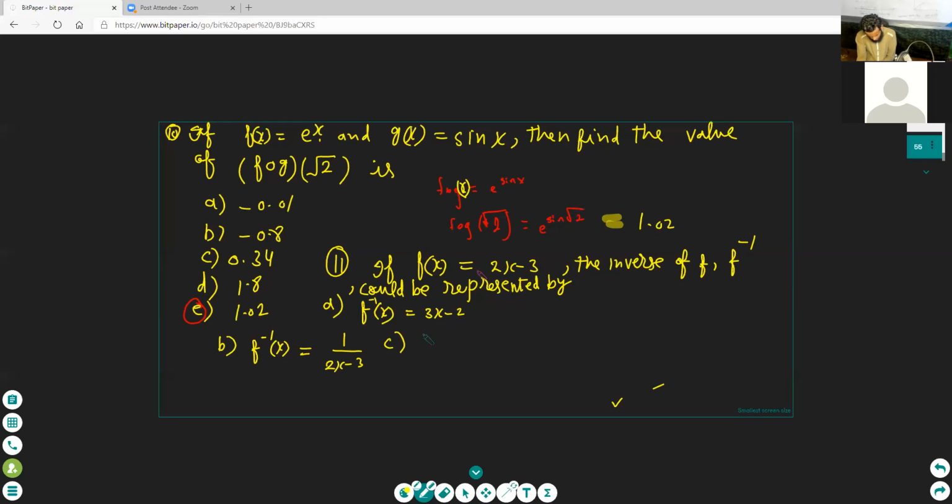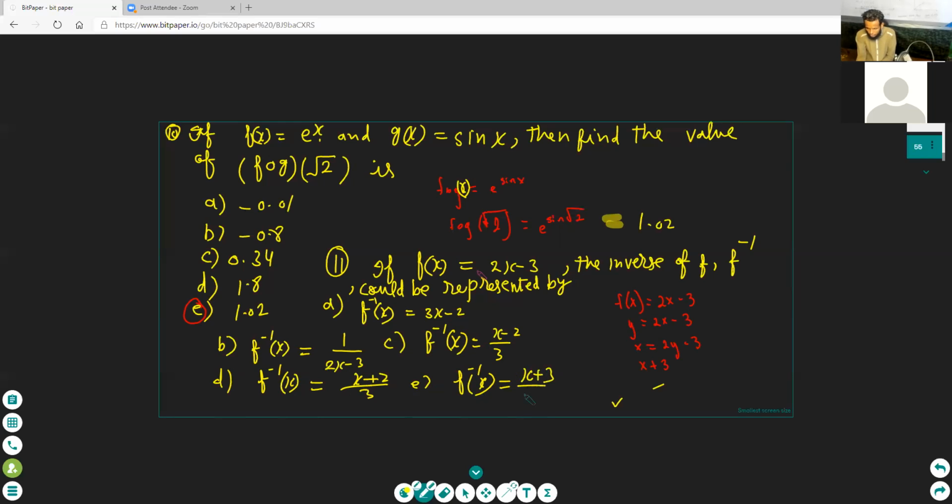I give the option C, f inverse x is equal to x minus 2 upon 3. F inverse x is equal to x plus 2 upon 3. F inverse x plus 3 upon 2.